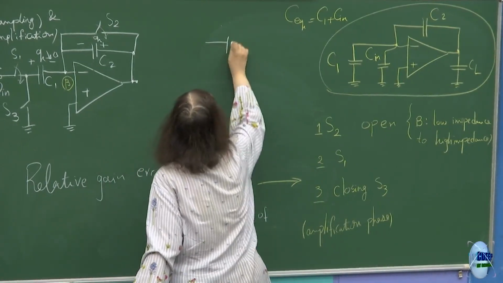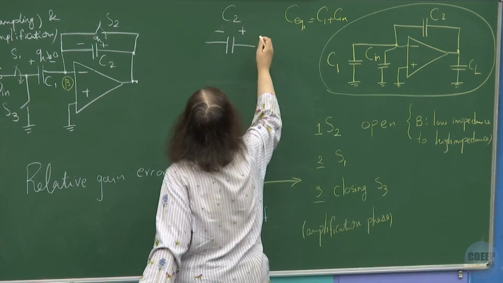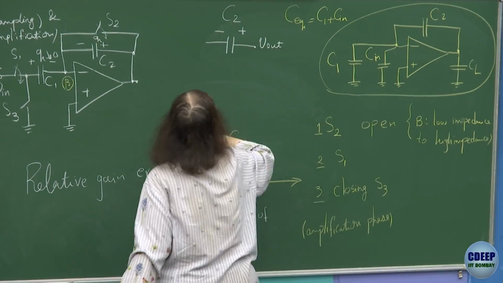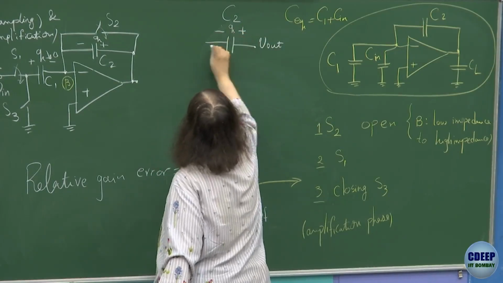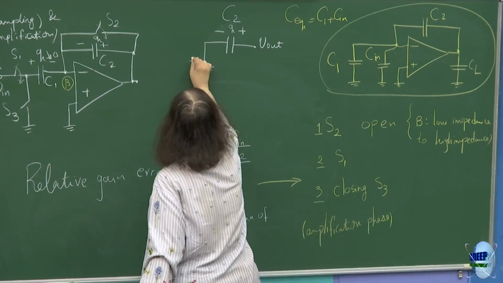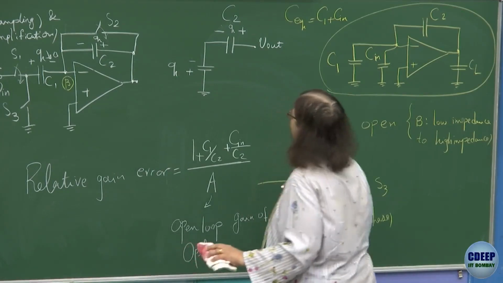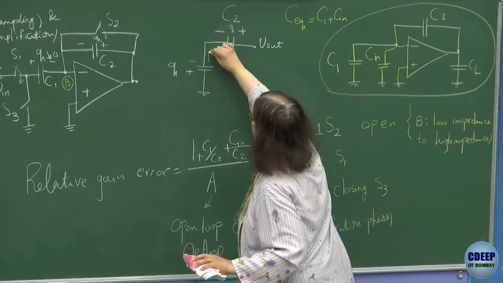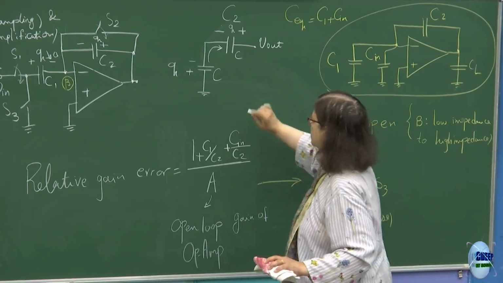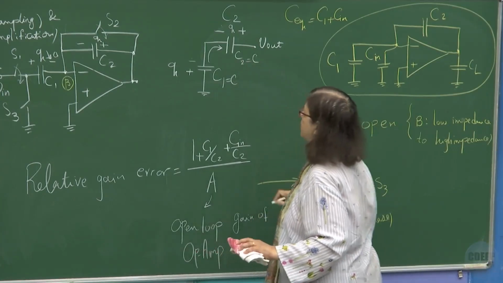If you charge a capacitor C2, say this is V out, by a charge Q, and the other capacitor also with the opposite charge Q, right? And then discharge it here. Say both of them also are same capacitors, C1 equal to C, C2 equal to C, just a concept.